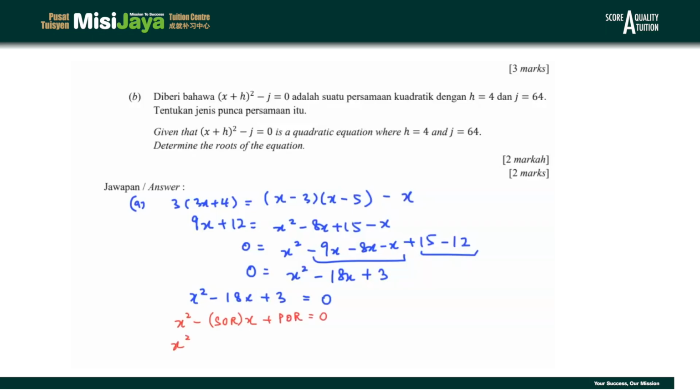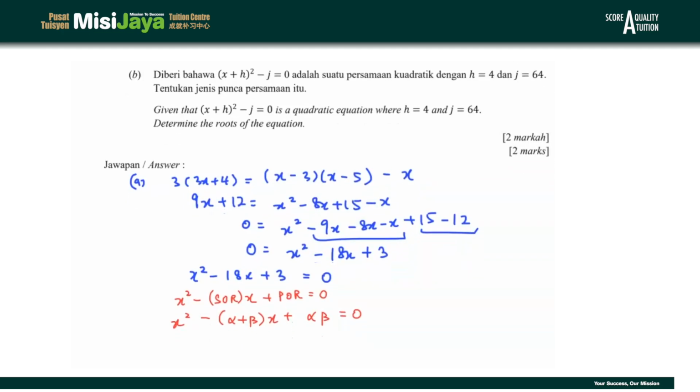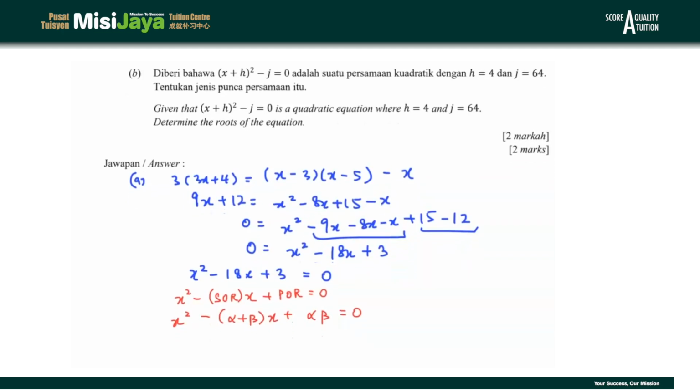So now our roots are alpha plus beta, which is the sum of roots, x plus alpha beta, equals to 0. Okay, so we can compare this. So 18 is the value of alpha plus beta, and 3 is the value for alpha beta. Okay, so write again, therefore alpha plus beta is equal to 18, and alpha beta is equal to 3.